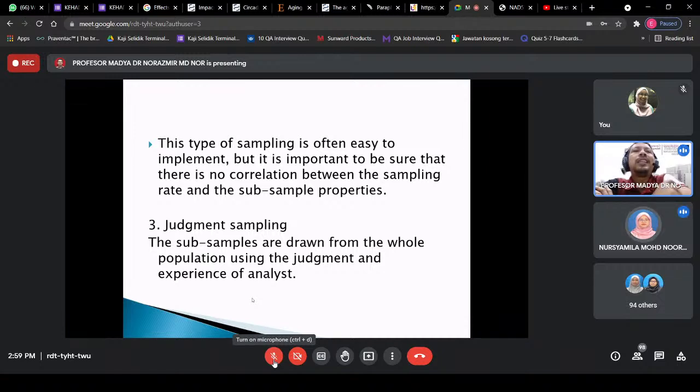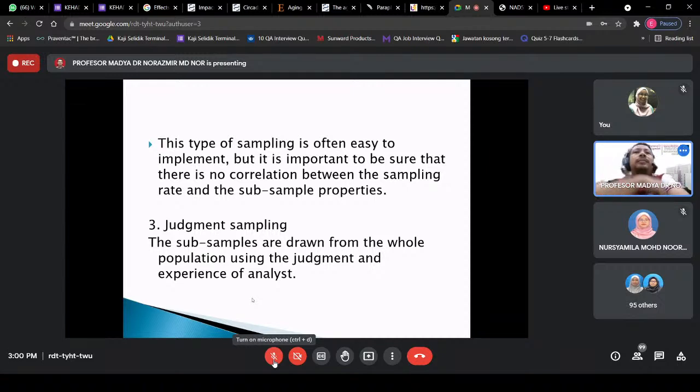There is something missing in the explanation or the answer from your friends. The judgment sampling must be conducted by the expert from that area, from that field.